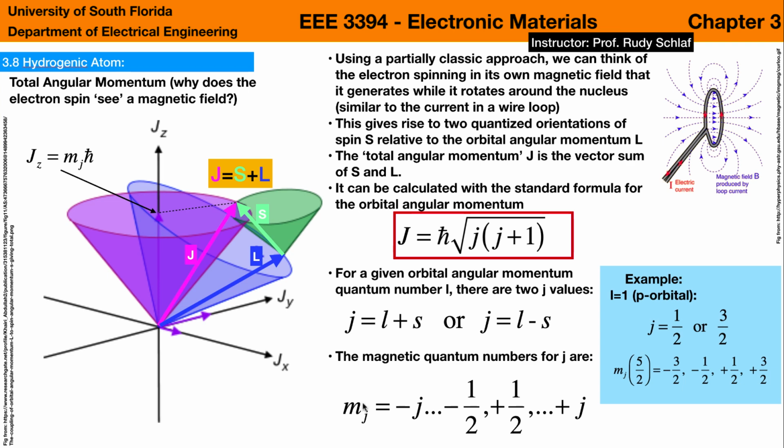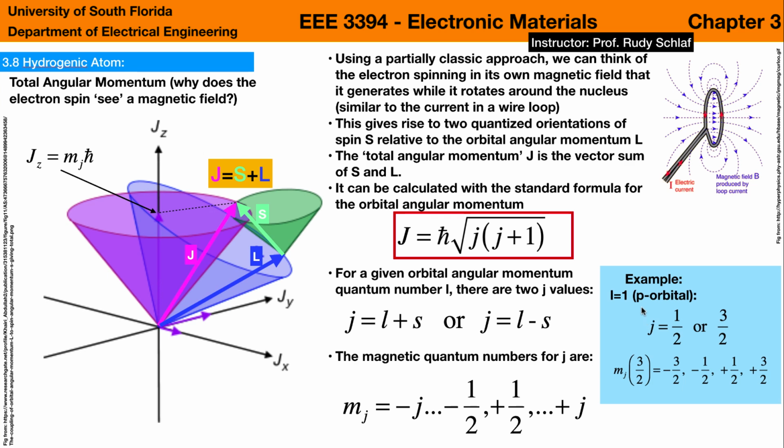And so we get magnetic quantum numbers for the total angular momentum, mj. And mj goes from minus j to plus j, like all the magnetic quantum numbers. Since we have L plus s and L minus s, j is a fraction.